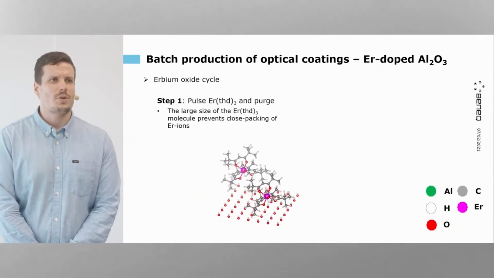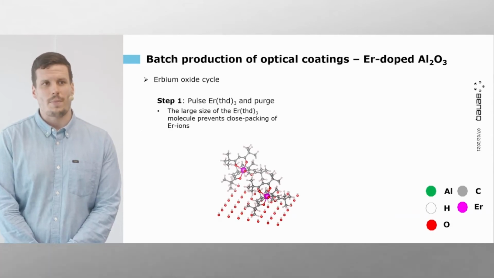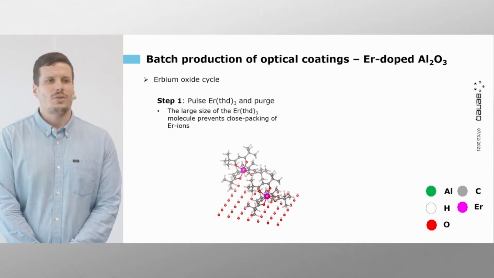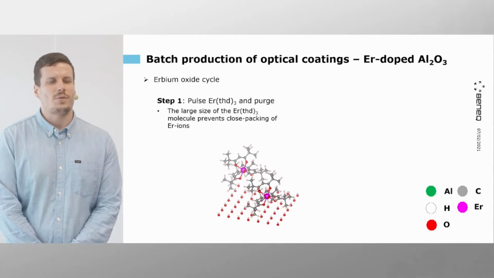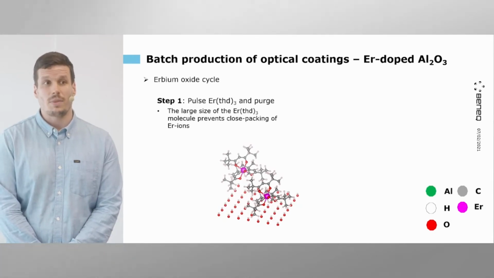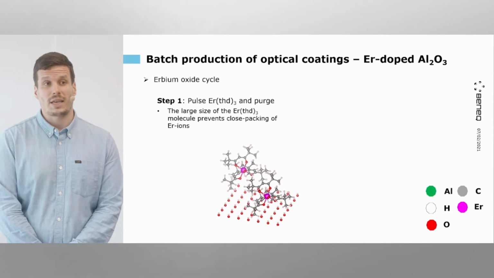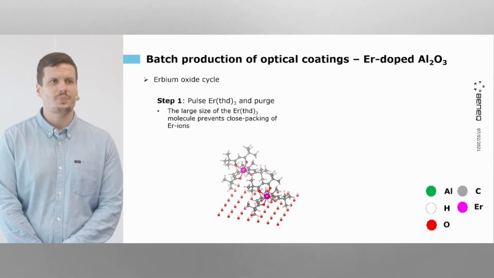We start our process first with the erbium oxide cycle. We pulse the erbium THD3 molecule on the substrate, followed by a purge. Now, because the size of this erbium THD3 molecule is so large, it actually prevents nearby surface sites from being occupied by other erbium molecules. This is simply because molecules and atoms cannot occupy the same space.